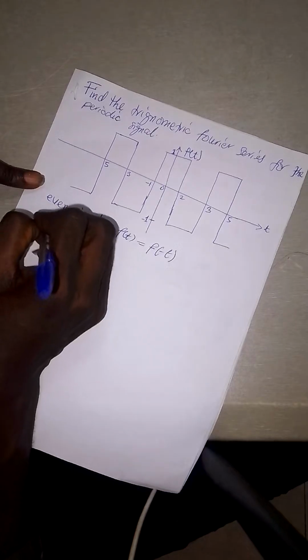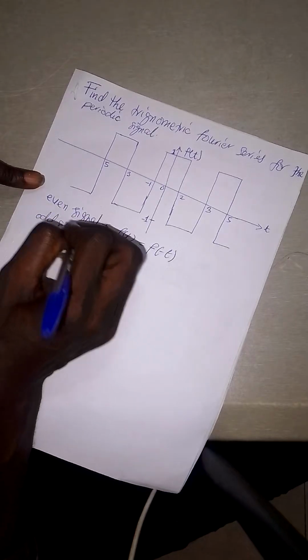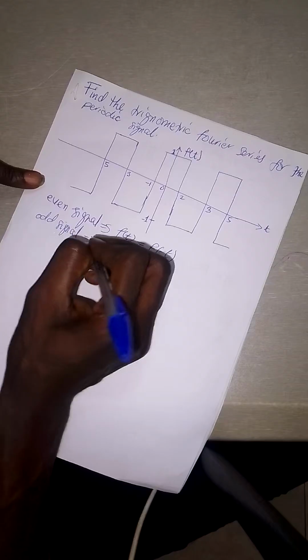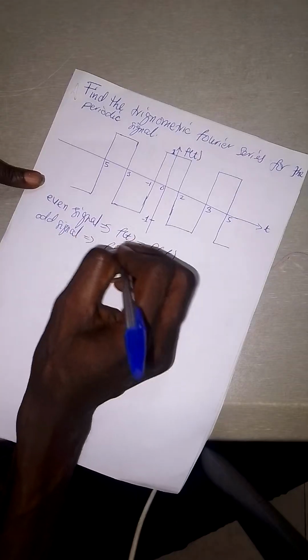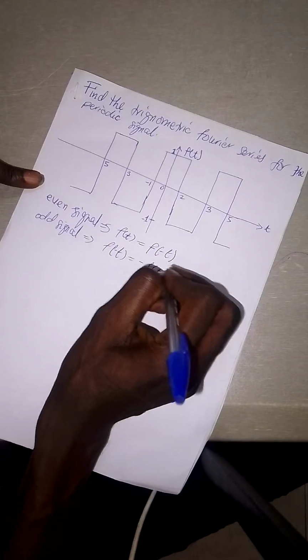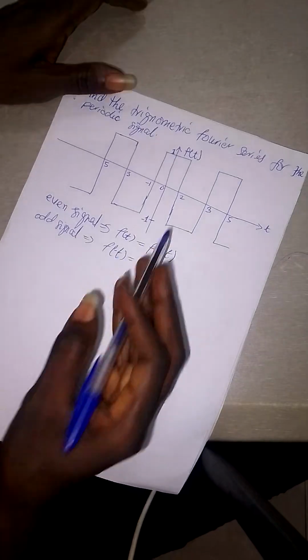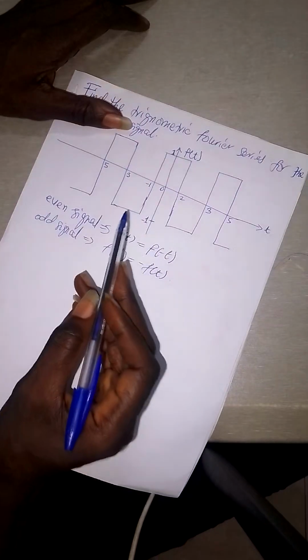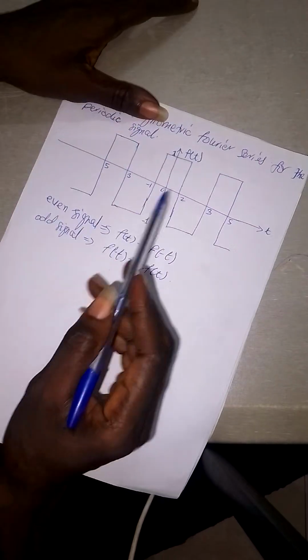And an odd signal: f of minus t is equal to minus f of t. So let's look at the signal and see which one it is likely to be likened to.